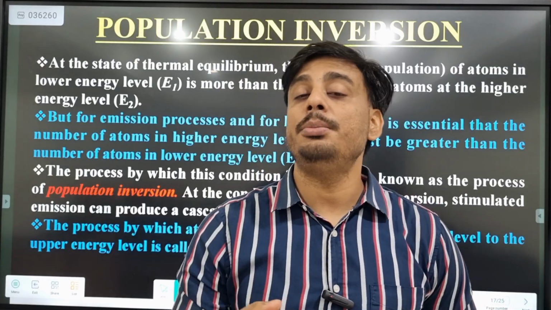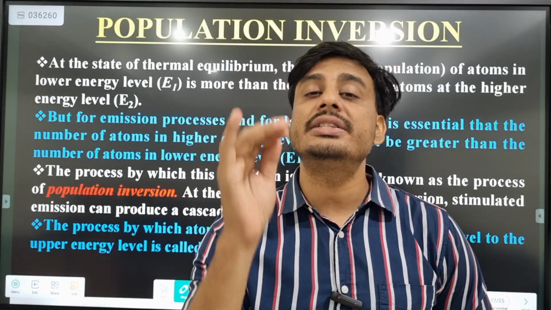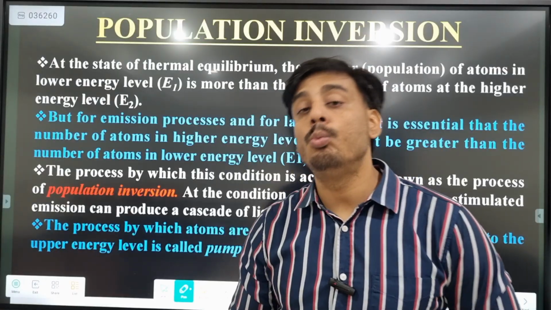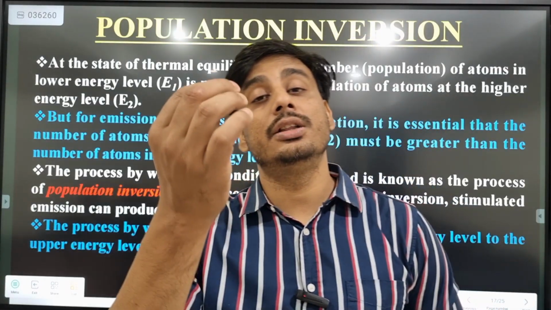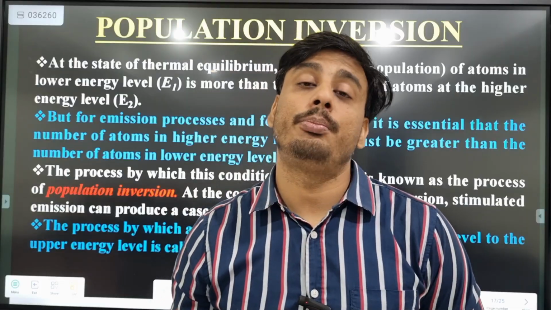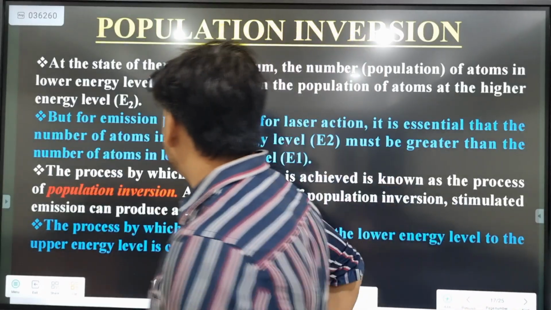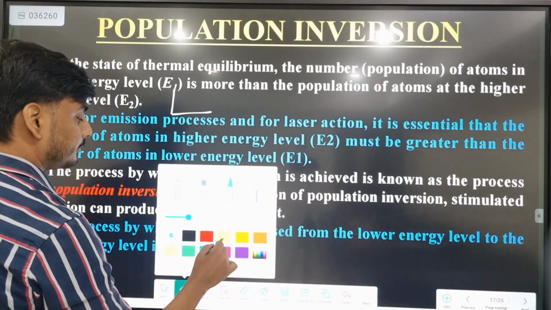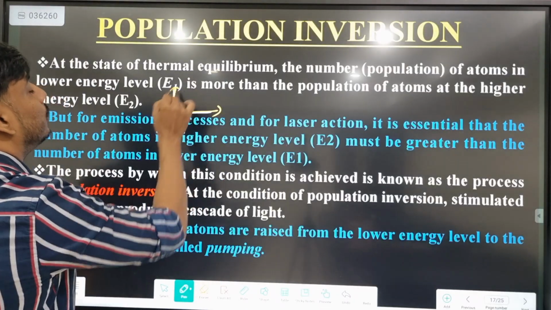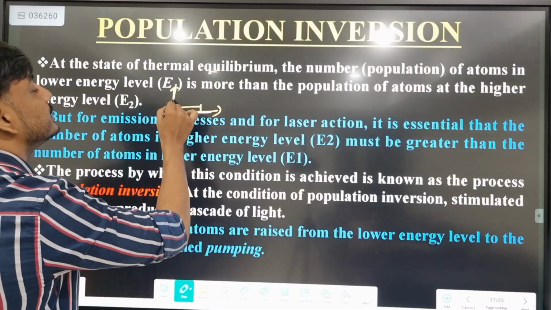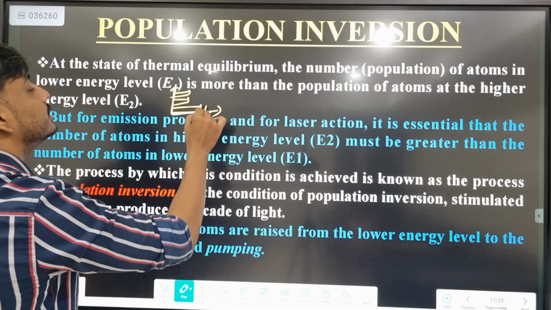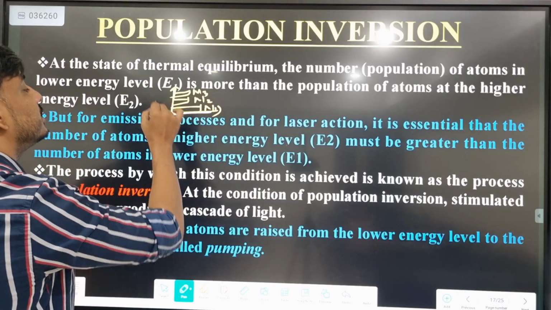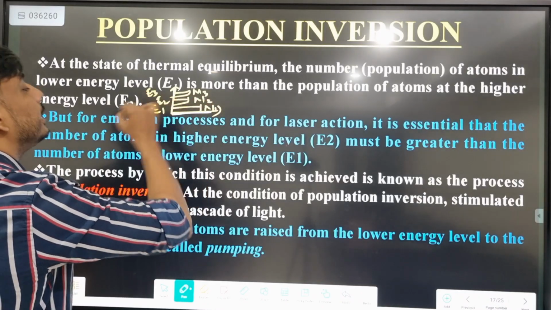So population inversion means in the original state, or stable state, or you can say in thermal equilibrium, you will always find more particles in the lower energy state as compared to the higher energy state. So if you plot a graph, you will always find more particles here. This is N1, N2, N3 corresponding to energy states E1, E2 and E3.